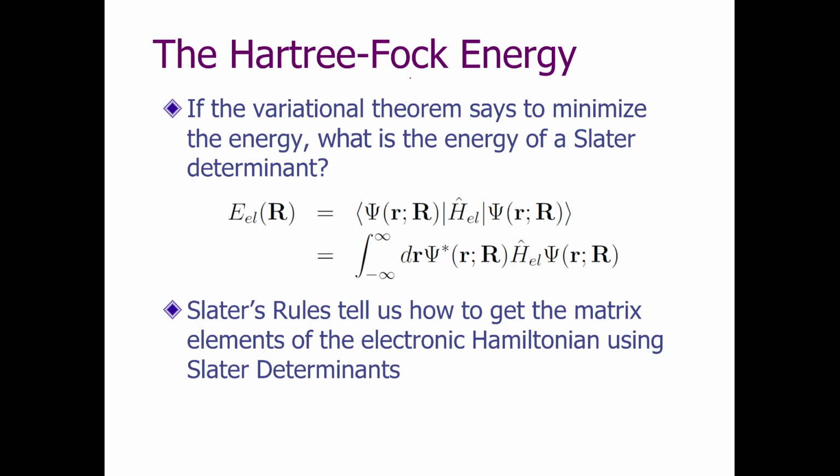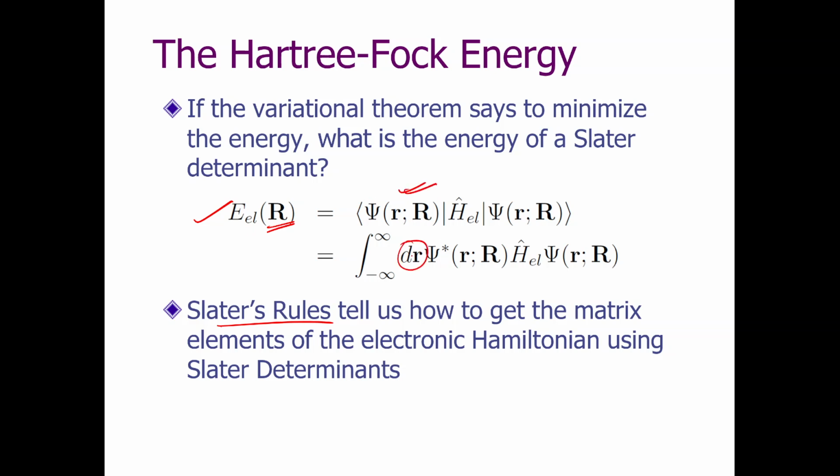Now, if the variational theorem says to minimize the energy, what is the energy of a Slater determinant? For this Slater determinant, we have discussed the Slater rules. Here you see very carefully that E electronic is a function of R, which I have already discussed, and this is a bracket notation.